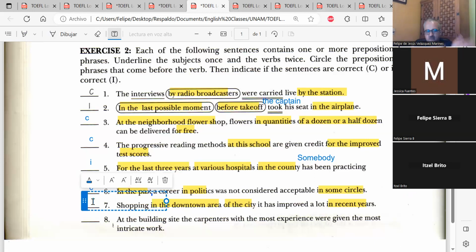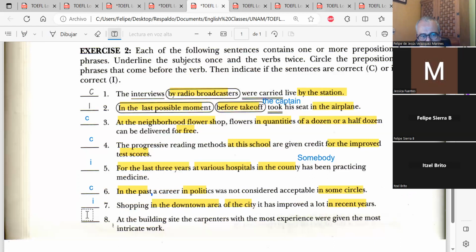If we say it, shopping in the area of the city, it has improved a lot, it's incorrect. So let's go to the general thing. Of course, there are exceptions, but if a student gets a sentence like this, he or she has to take the most general thing. Yes. So it's incorrect.